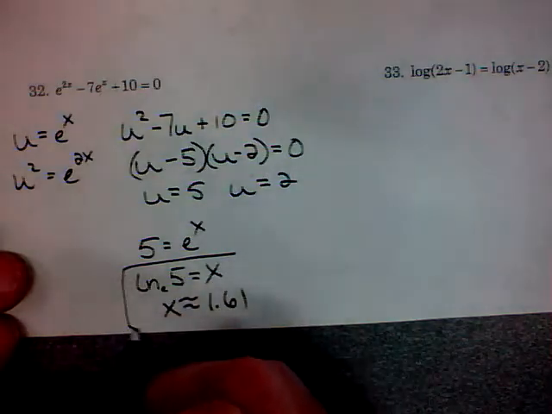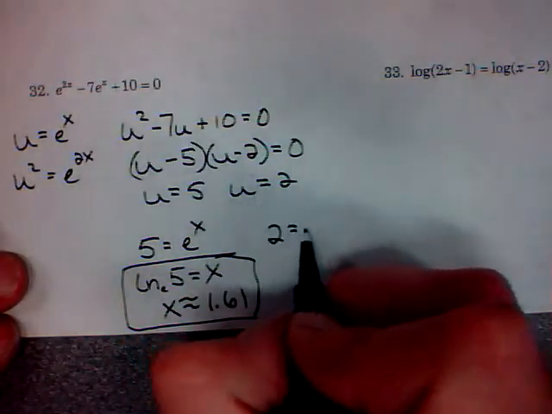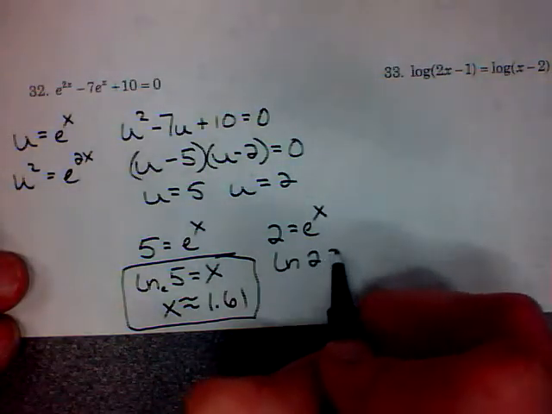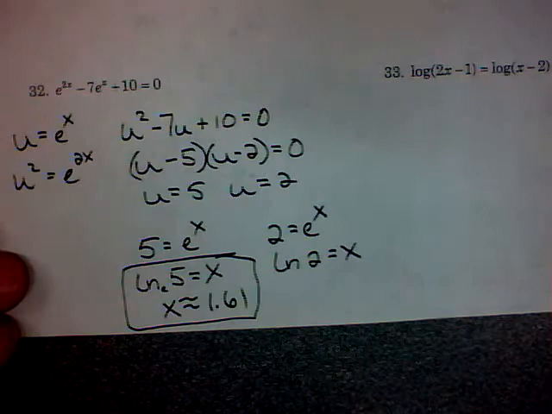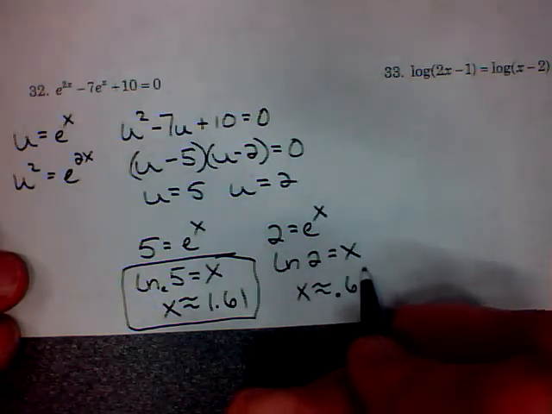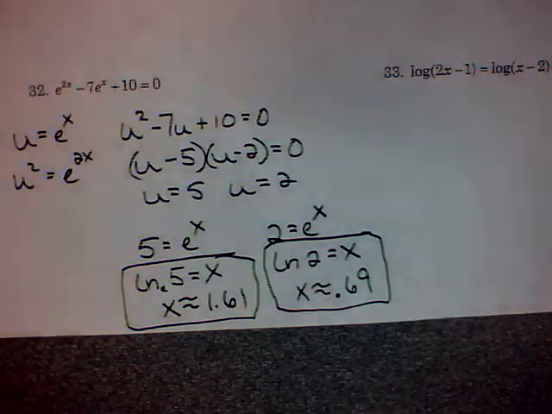Okay, so there's your exact and your decimal approximation. Then for the 2, this is 2 equals e to the x. So this is going to be natural log of 2 equals x, which comes out to approximately 0.69. So there's your exact answer and your decimal approximation.